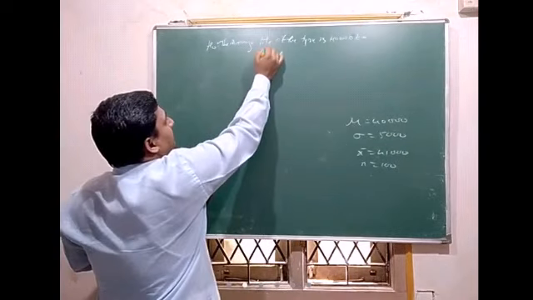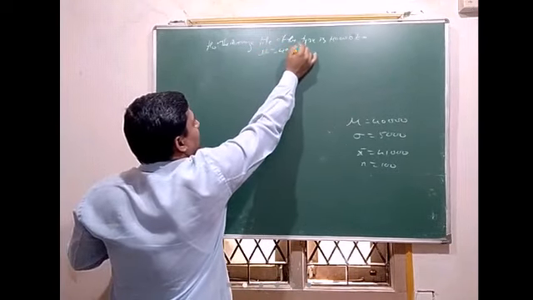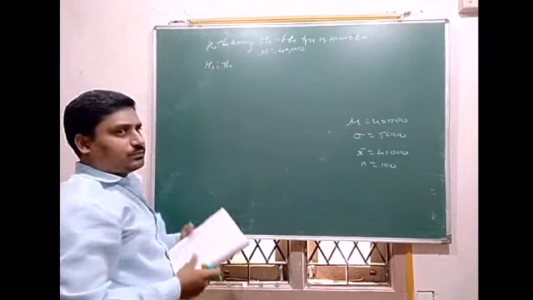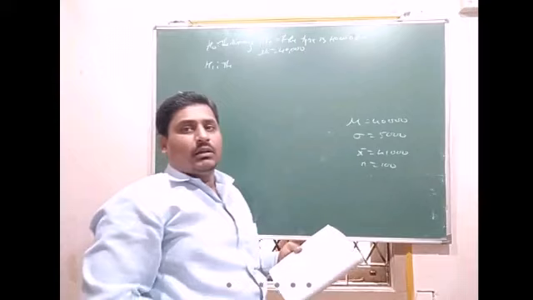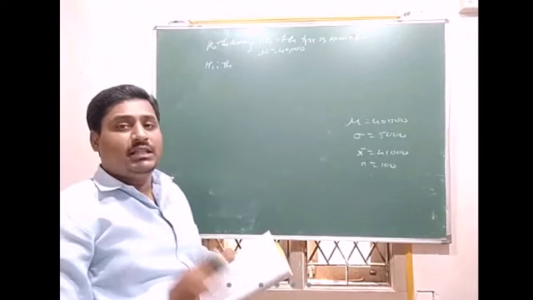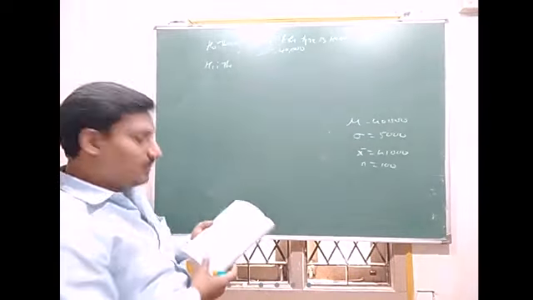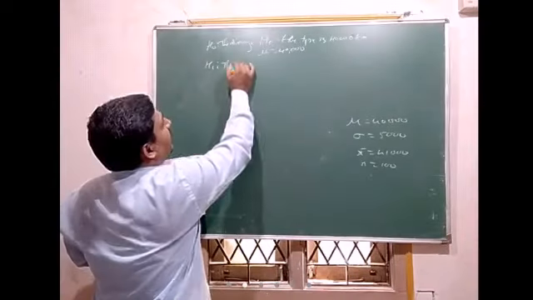So mu is equal to 40,000, and H1: average life of the tire is more than 40,000 kilometers, or the product gives better result.